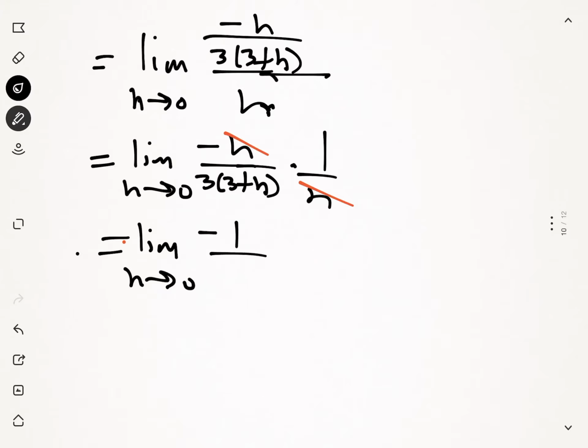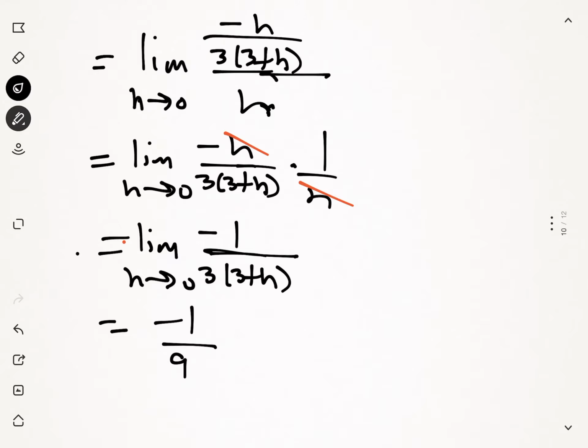So you get minus 1 over 3 times 3 plus h. Use direct substitution. You get minus 1/9.